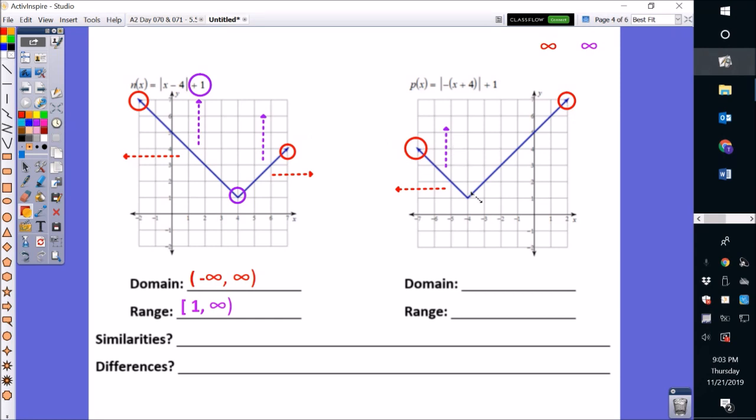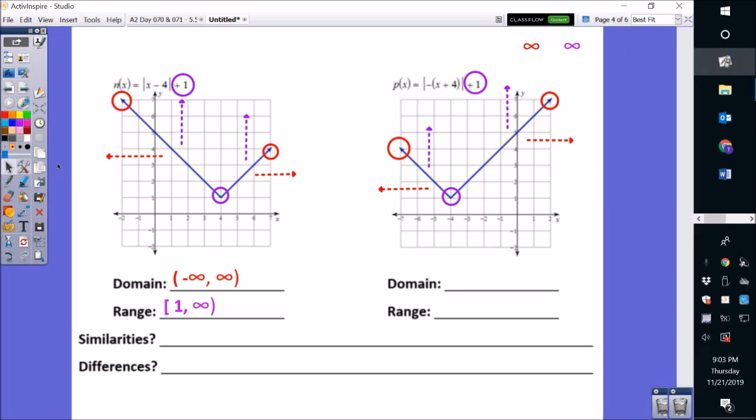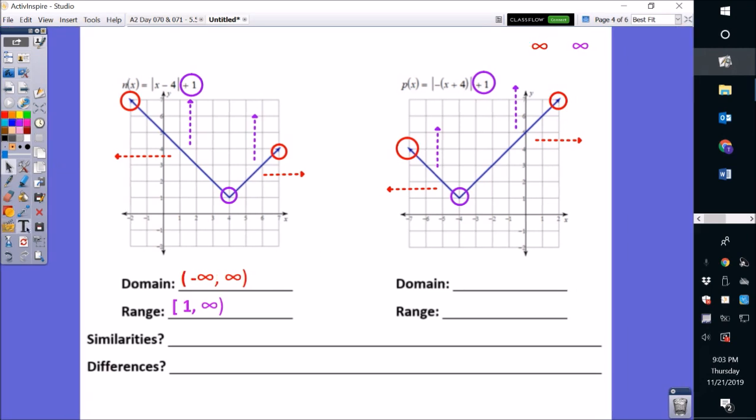Now for the right side, same thing, diagonally, so two directions: right forever, and then upward forever. And then let's not forget the bottom of the graph. The bottom of the graph is at the y value 1, so it ties into this number from the equation. All right, so let's start identifying the domain and range.